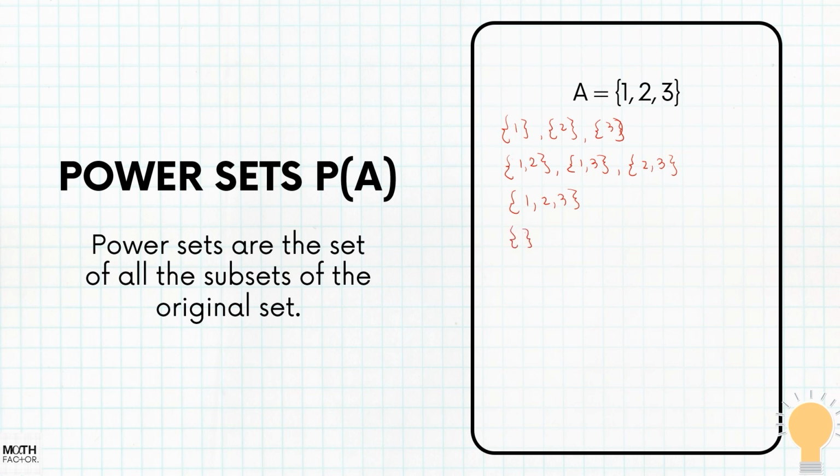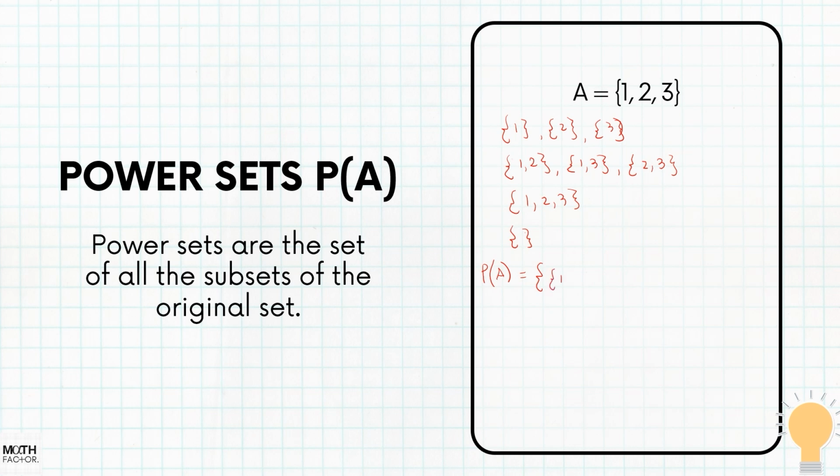So to write this as a power set, we will use P of A, since we are using set A, followed by all of the listed subsets.